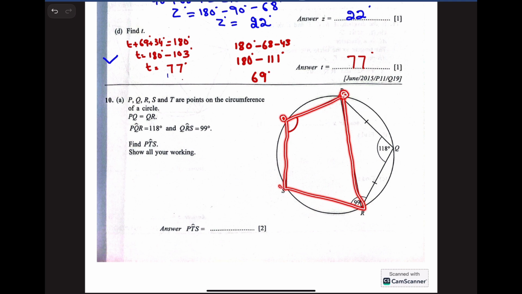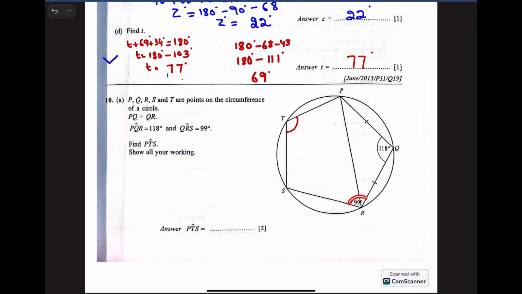So all 4 points are on the circumference of the circle. So if we can figure this angle out, we know that this angle and this angle should sum up to 180, right? Because opposite interior angles of a cyclic quadrilateral are supplementary. Okay, so our aim should be to find this angle.